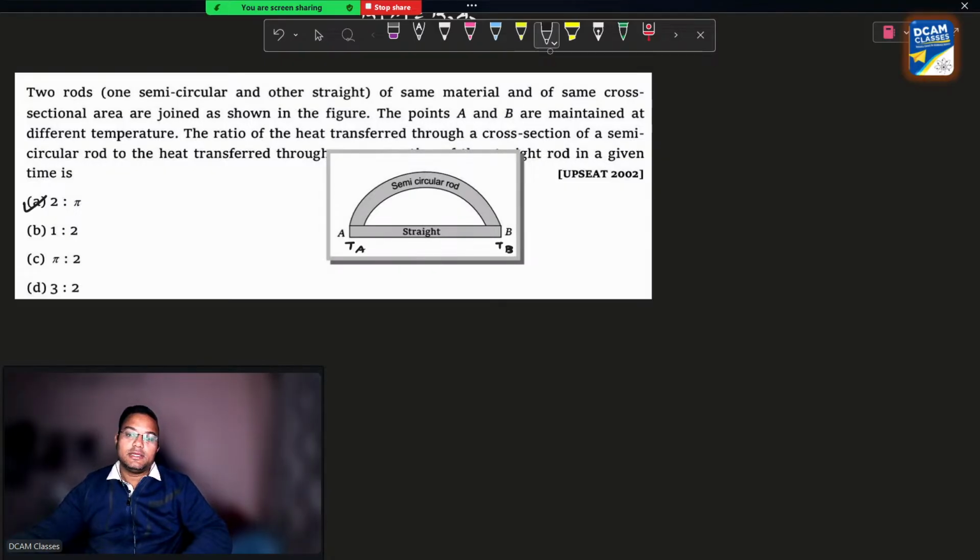So actually dQ by dt, the rate of heat transfer, is proportional to KA delta T by L. Is it inversely proportional to the length? So Q1 by Q2 will be equal to L2 by L1.